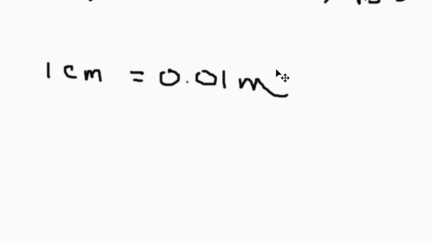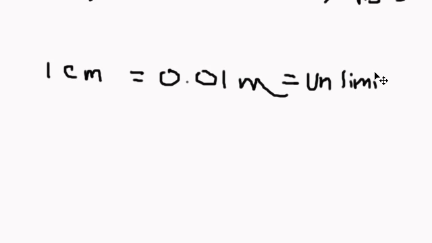Alright, let's go to the next example. 1 centimeter is equal to 0.01 meter. This is a very good example because this right here is something that's defined, and when you have defined values, you have an unlimited amount of significant figures.